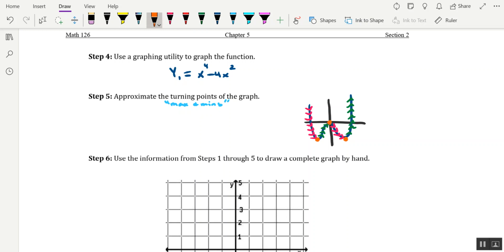So each one of these points at which the graph changes behavior is a turning point, and as you heard me describing, they're also maximums and minimums. So hence the reason why we would want to find the maximums and minimums.